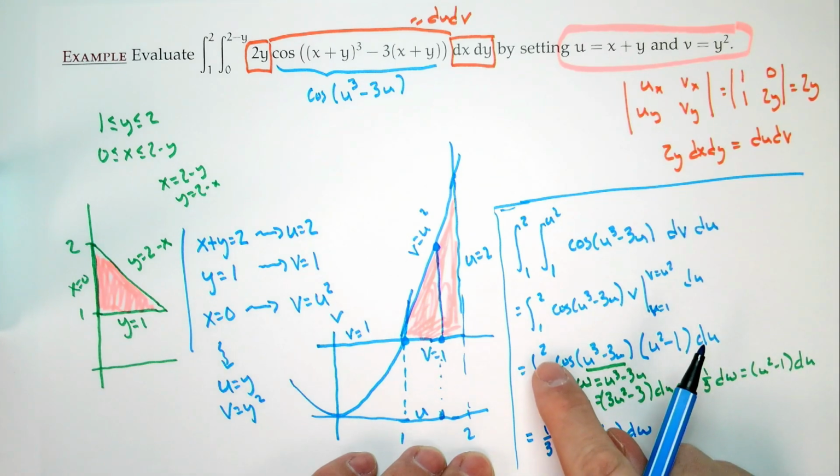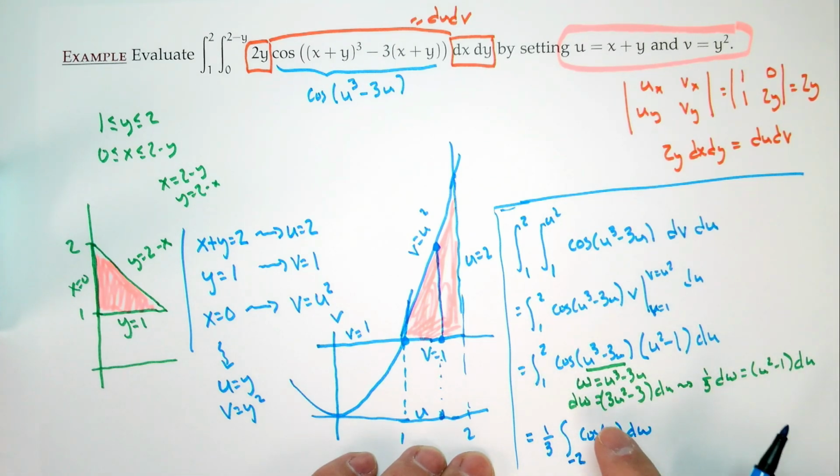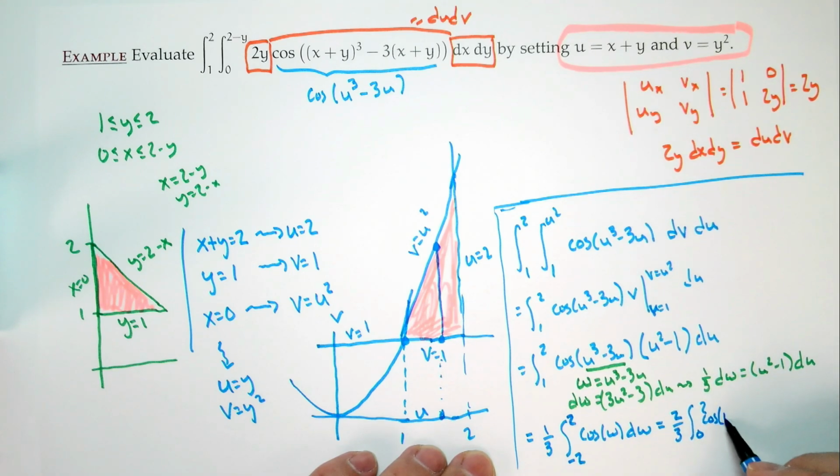And if you plug in 2, what do you get? Well, you're going to get 8 minus 6, which is positive 2. Now, cosine is an even function, which tells us that we can just double the integral from 0 to 2. So integral 0 to 2, cosine of w dw.